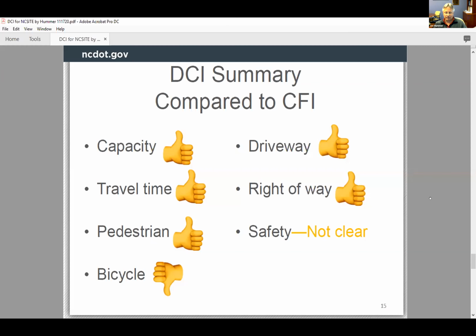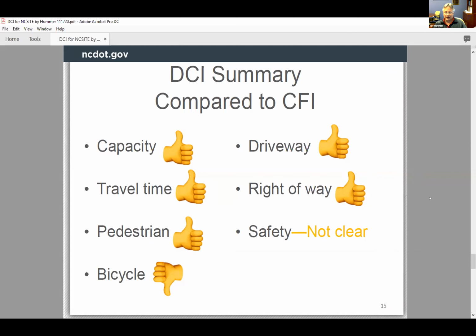We don't know about safety. We still really don't know about the safety of the CFI either. Have to really get some in the ground and measure it out. As far as I can tell at this early stage, the DCI doesn't look too unsafe.